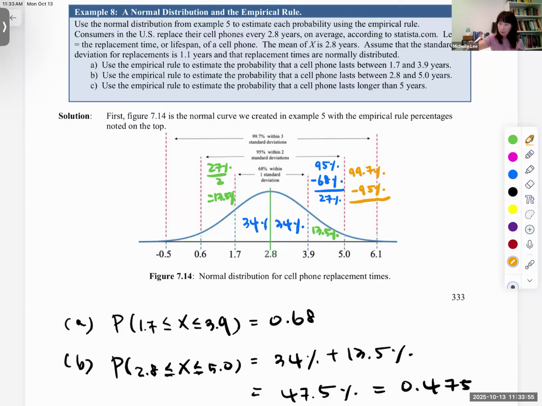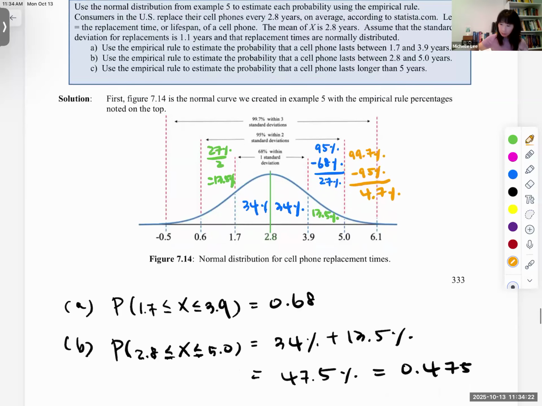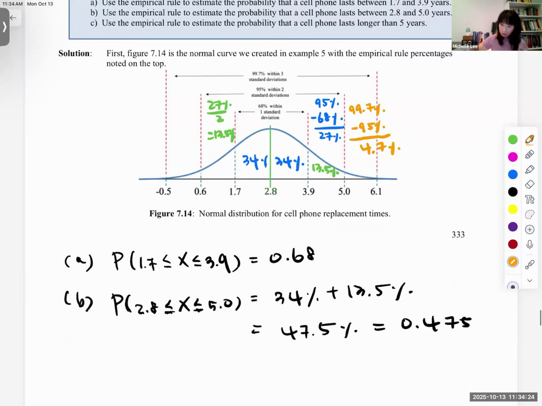So we have how much? Calculate. 99.7% minus 95% is 4.7%, right?